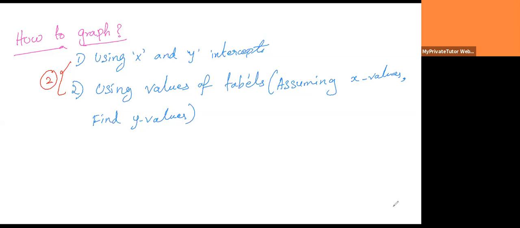Let me tell you when to use which one. For the first one, for example, if the equation is 3x plus 4y equals 24, this is a linear equation. Which method is the easy one to use to graph it?